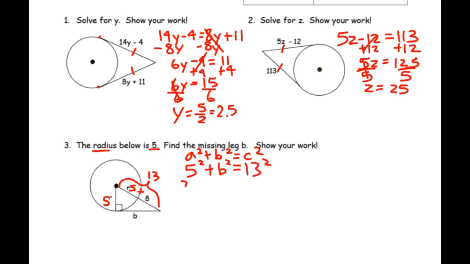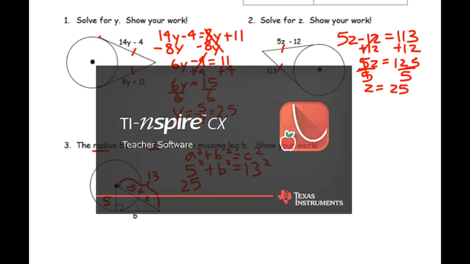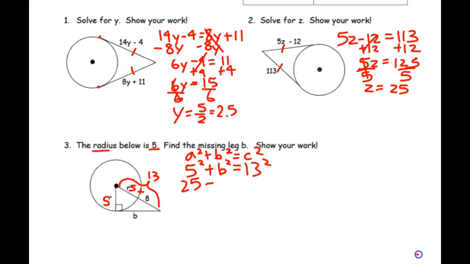So 5 squared is 25. Let's get that calculator out. b squared. 13 squared is 169.